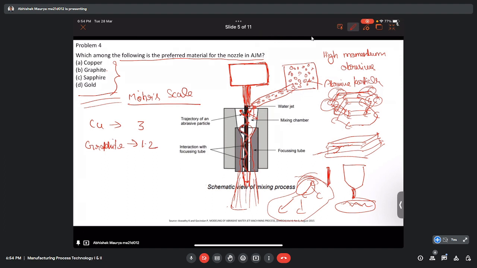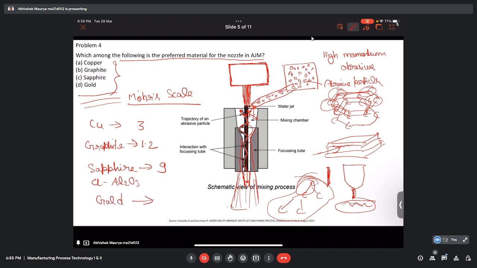And after that, sapphire. Sapphire is a type of alumina only, but it has very high hardness, that is, a Mohs hardness of 9. And after that we have gold.